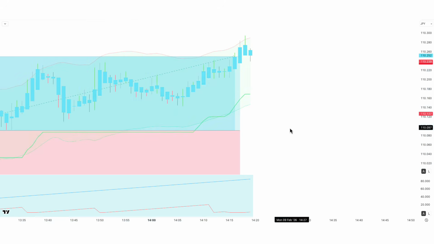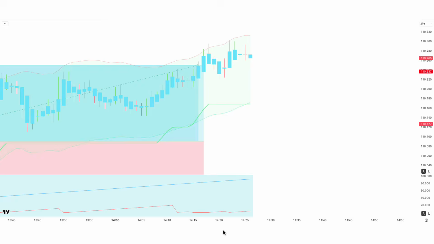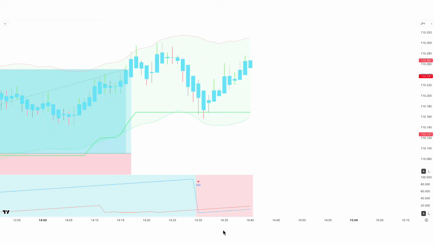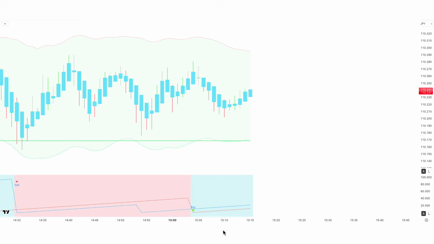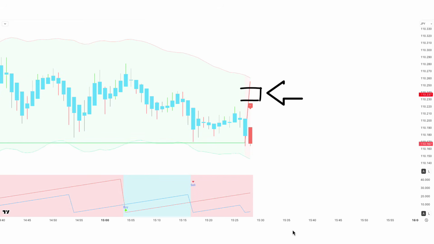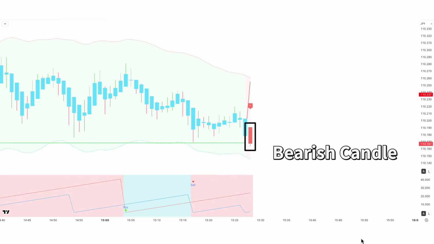Let's find the next trade. Here, the professional signals label of this indicator is sell signal. Here, the top-bottom triangle of this indicator is down. Here, market has made a bearish candle to give confirmation.